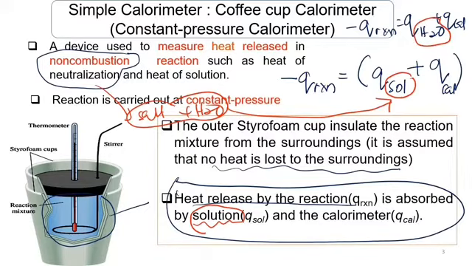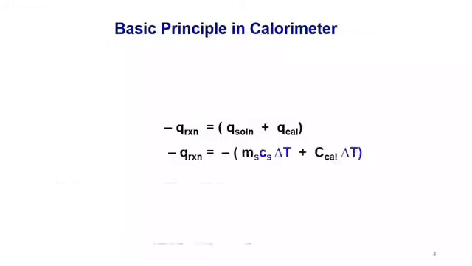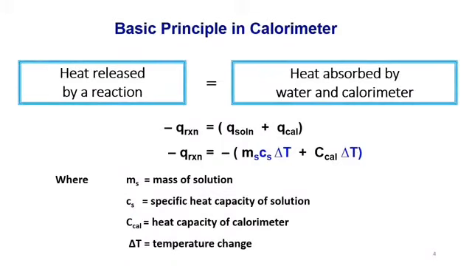Boleh? Okay, basic principle in calorimeter sama macam kita punya yang sebelum ni, heat released by the reaction which is the Q reaction, tak ada negatif, sorry. Okay, Q reaction refer to the reaction of the neutralization. Kenapa dia heat release?